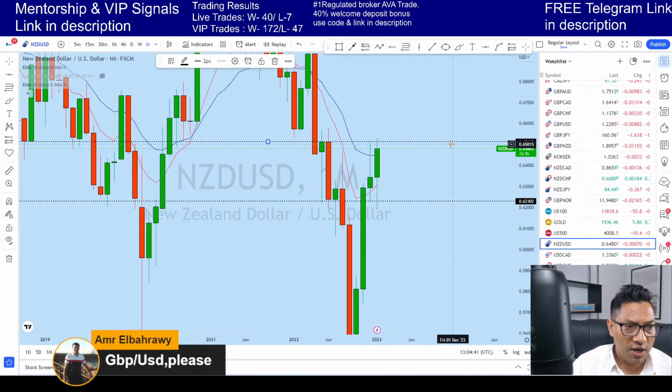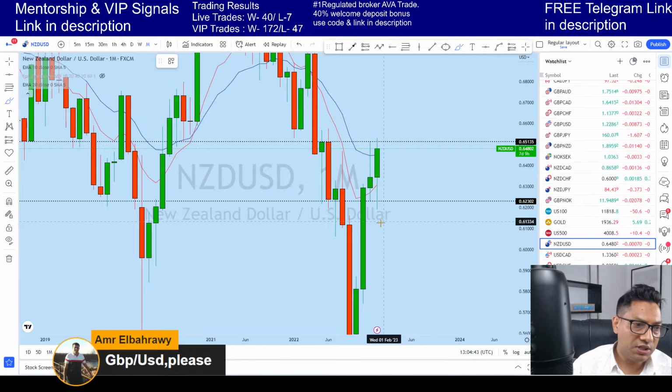The price has broken both support and resistance. You see there is a support here. The price has broken this support, created an overextended market, and then bounced. In a similar way, this is the resistance here, and the price created an overextended market and then rejected to the downside.